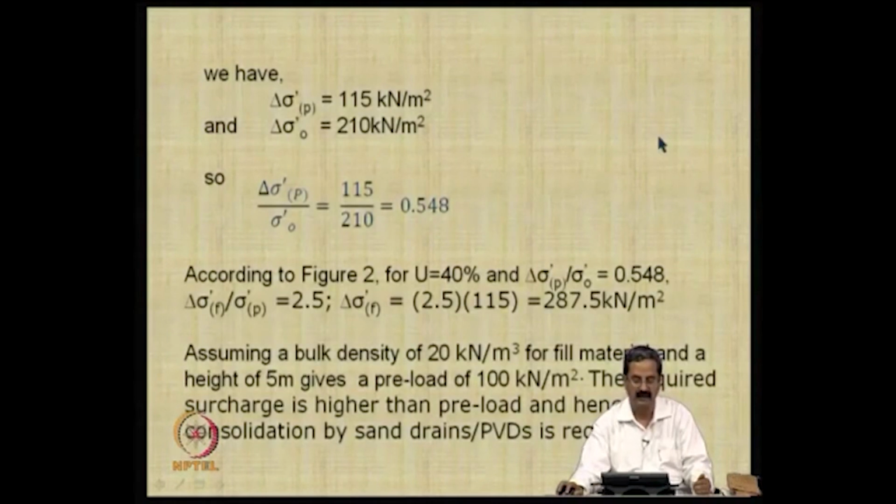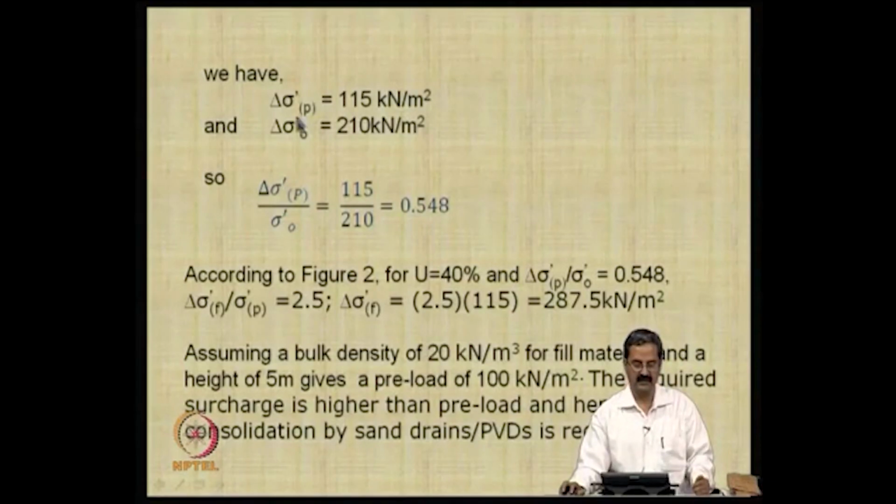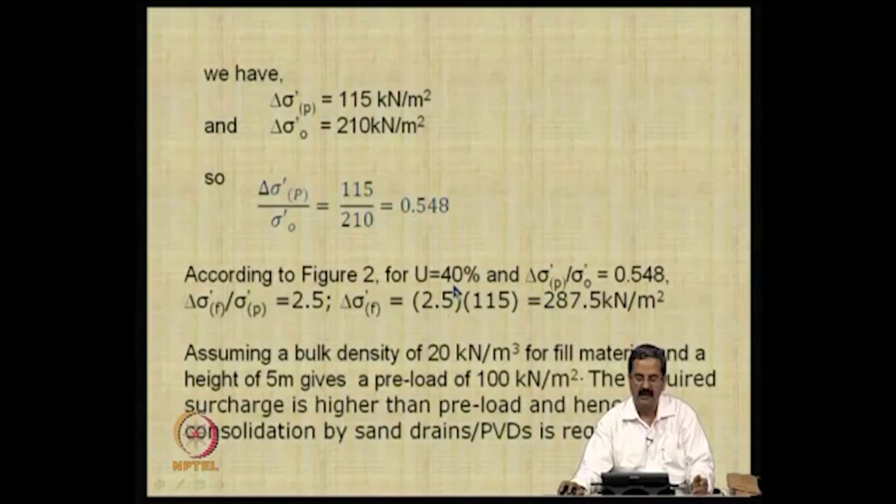With that in mind, dP is already known, and the ratio of dP by d naught is 0.458, which you will get from the figure I just showed you, which gives the midplane consolidation response U. For U equal to 40%, the ratio is 0.458, and with some things being known, you can work out that the extra fill required is 287.5 kN per meter square.